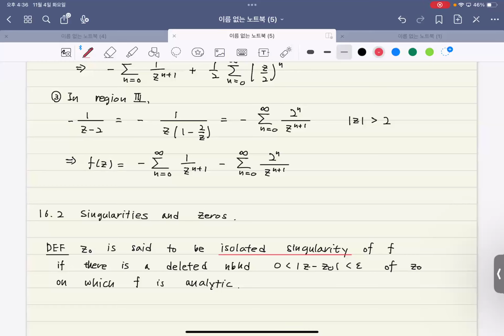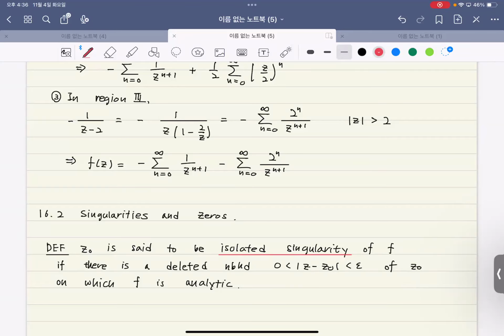Because if I choose my epsilon to be sufficiently small, then I can find some deleted neighborhood of each of these singular points, and on this deleted neighborhood my function is analytic, right? So in this sense, all the singular points must be isolated. In particular, if my function has finitely many singular points, then these singular points are automatically considered to be isolated.